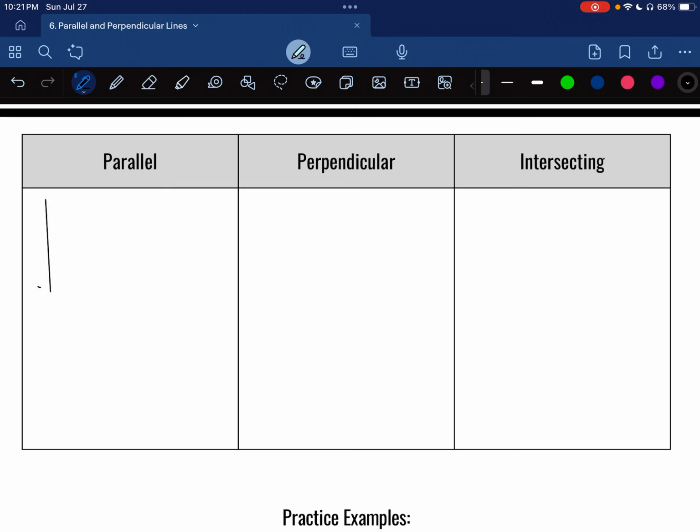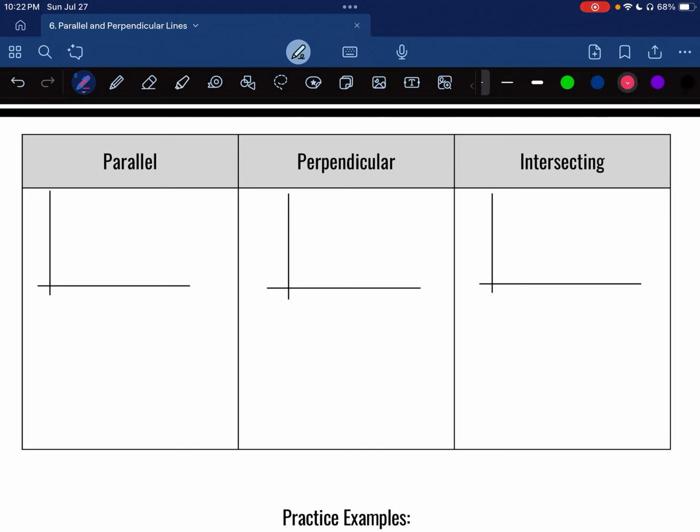So we're going to talk about parallel lines, perpendicular lines, just plain old intersecting, because I found that students are kind of confused about whether lines can just make angles that aren't totally right. So this one is kind of crooked. Looks better. All right, so parallel lines look like this.